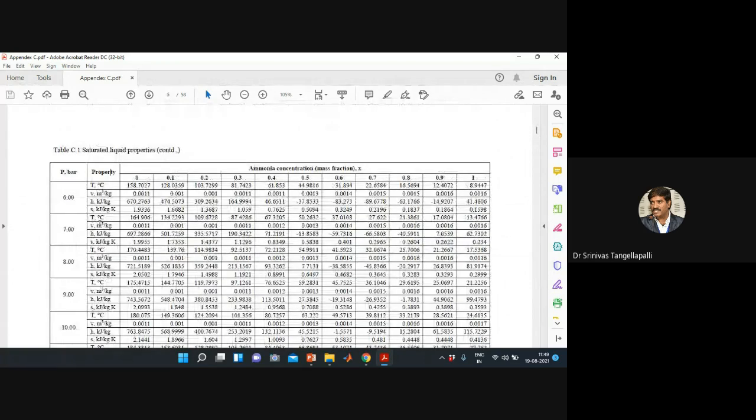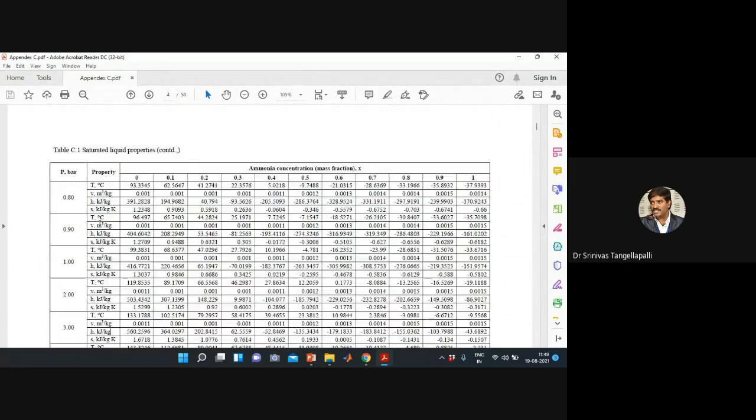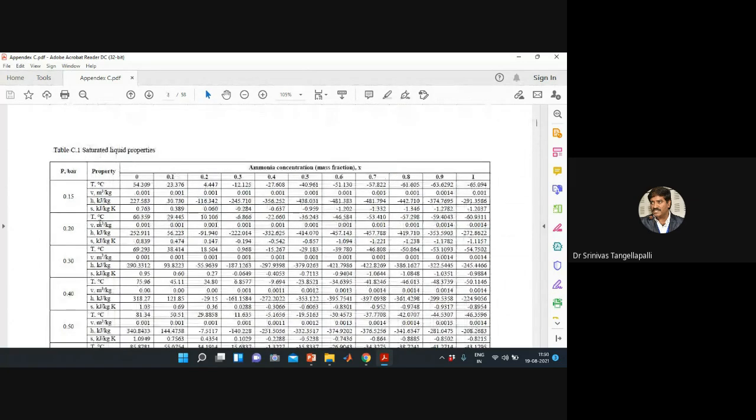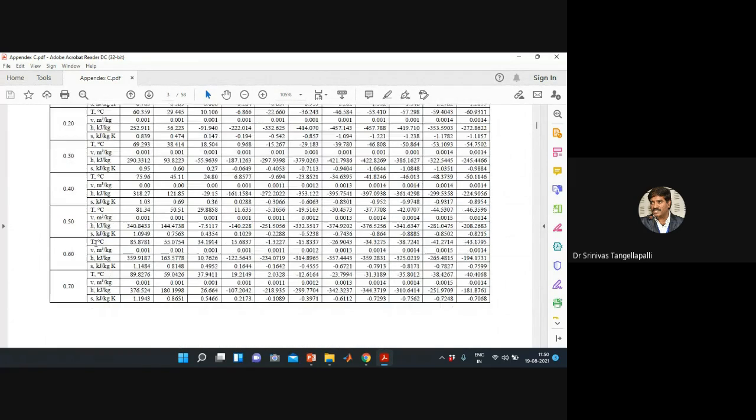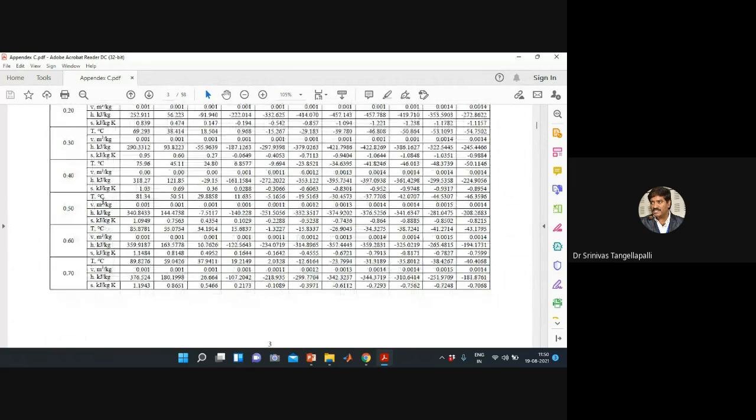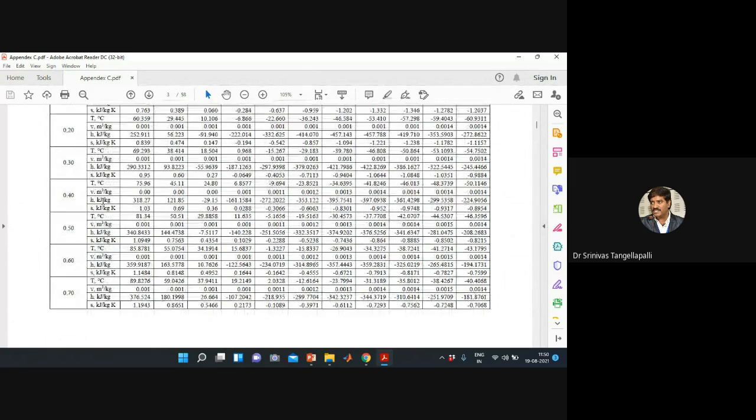The region may be liquid, vapor, or liquid-vapor mixture. In this, X is changing from 0 to 1. If you are referring, let us say, the pressure is 0.5 bar, what can you read? You may read the temperature.